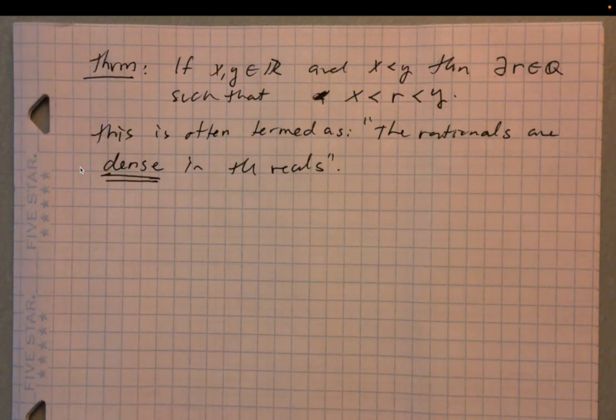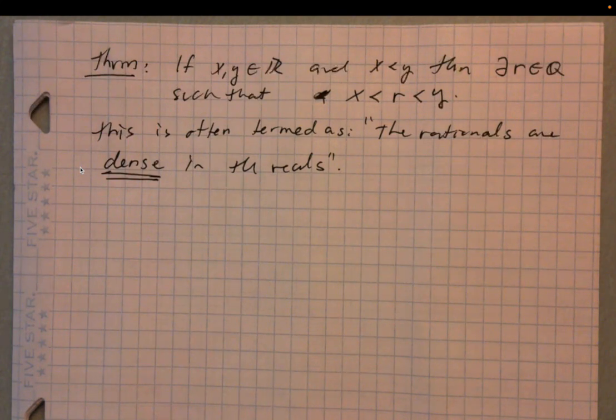That's kind of an interesting thought. We've obviously seen already that the real numbers exceed the rational numbers in terms of quantity, at least intuitively. But this theorem would suggest that between every two real numbers, there's always a rational number, which makes that whole idea of there being more reals than rationals seem a little bit questionable. It might be called into question here.